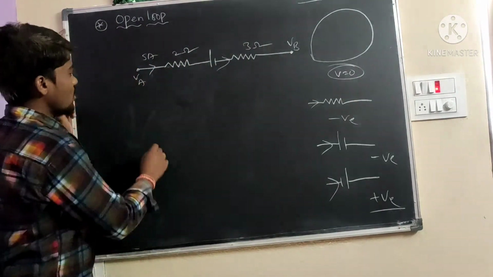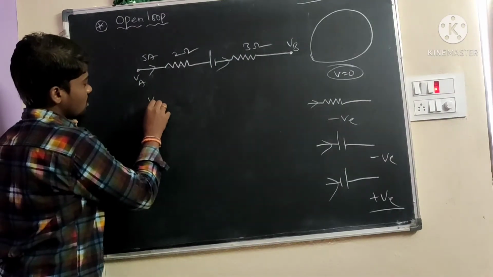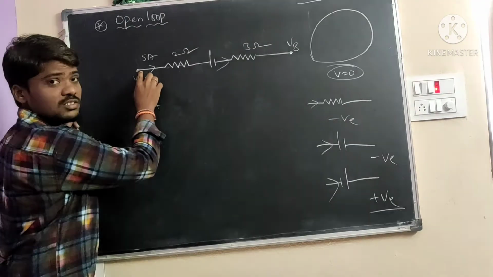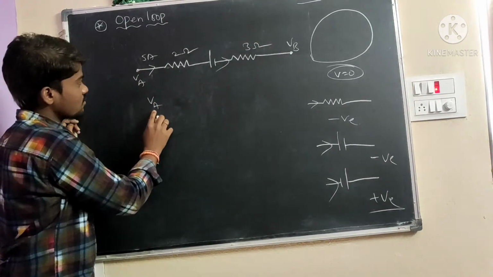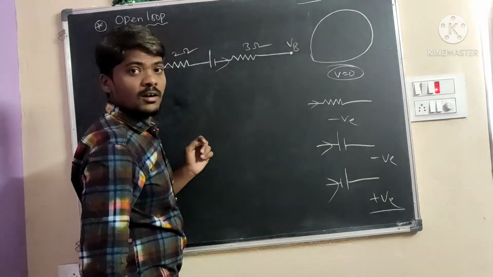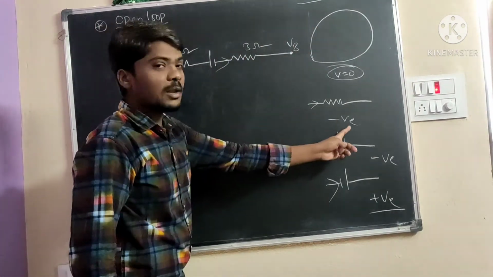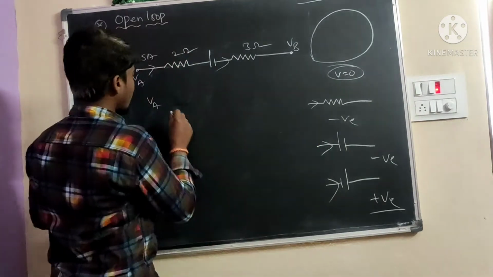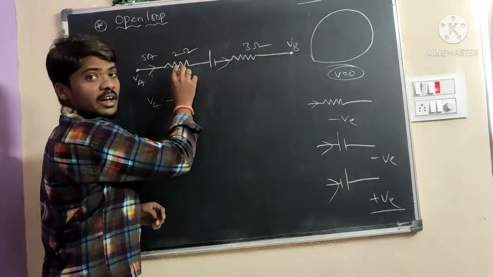Here also the same sign. Write down the circuit equation. Here the potential at this point is VA. Next, moving to the right side, do you take positive or negative? Negative. Here is the negative potential difference across the resistance.